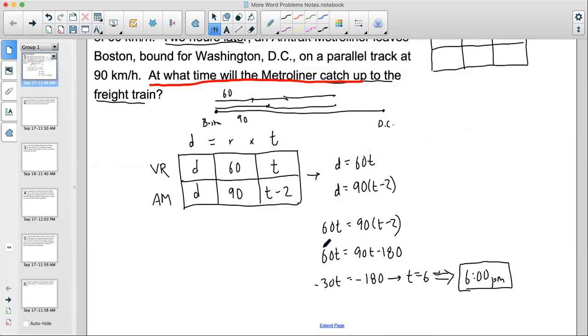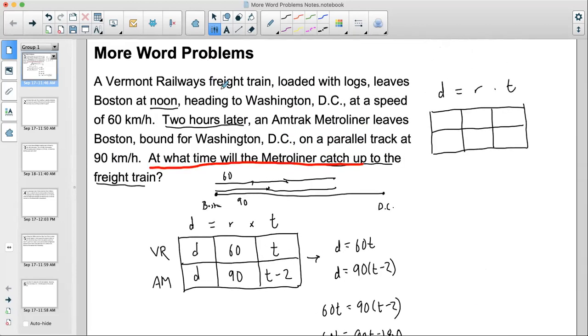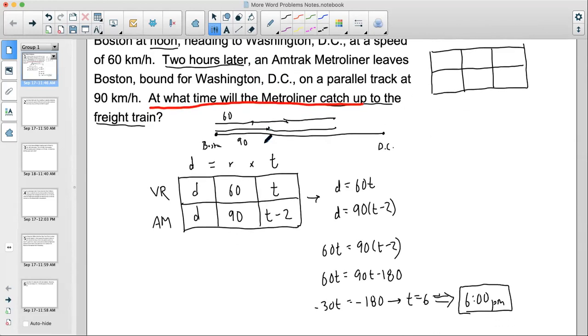So for these train problems, not always a train, it could be boats or cars or whatever, but when you have two things moving at different speeds, it's usually a good idea to set up one of these tables. It just helps you organize the information and figure out what you want the distance to be.